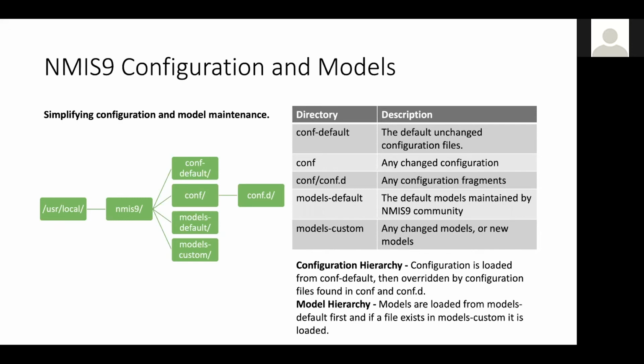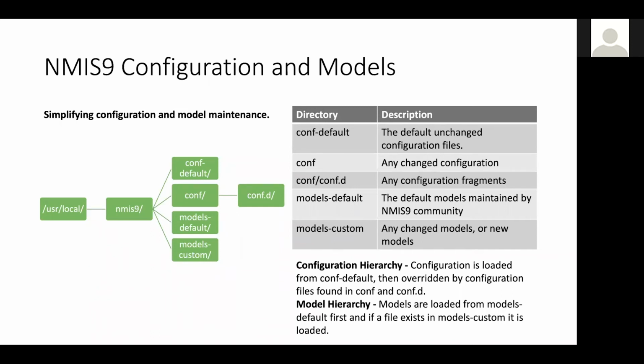If you go to the GUI then and edit services.nmis, immediately NMIS will copy that file into conf, and your edits will now be in that conf directory. So very, very simple. If you've never modified a configuration, it'll be in the conf-default.